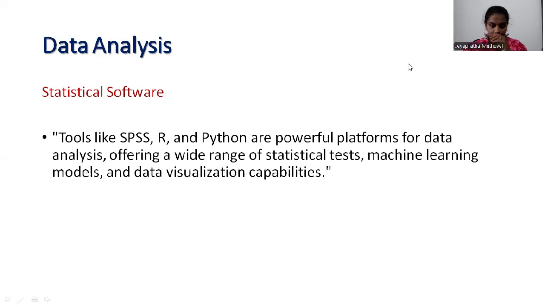Data interpretation. We need to draw conclusions from the analysis and relate them to research questions and hypotheses. From the questionnaires, we need to collect all the data and interpret it. Then finally we visualize the data. We need to use some technologies to view the data in the form of charts, graphs, maps, dashboards, key points, and trend graphs.